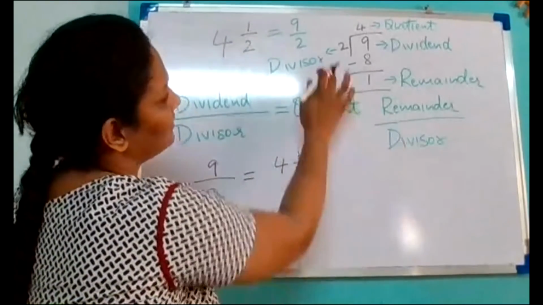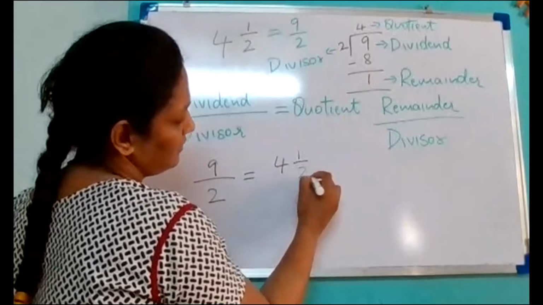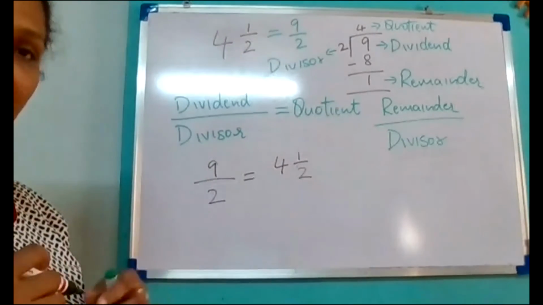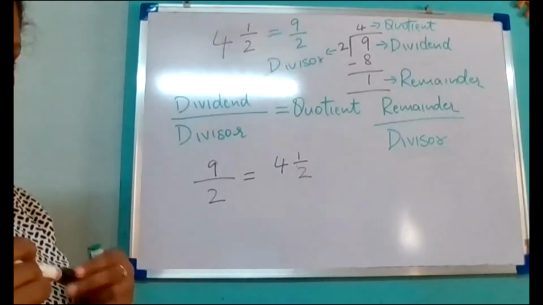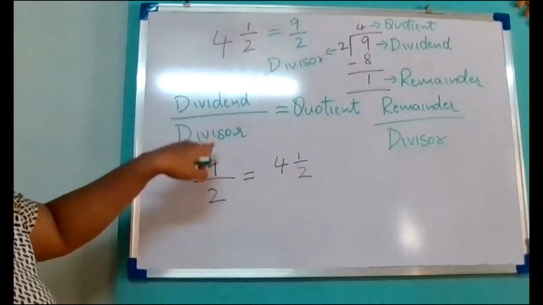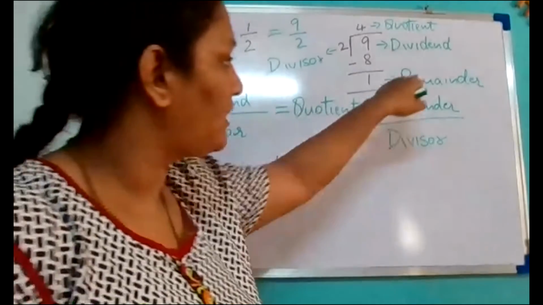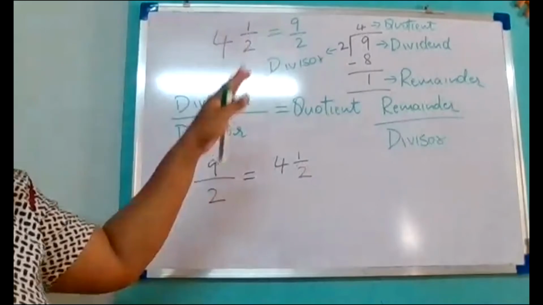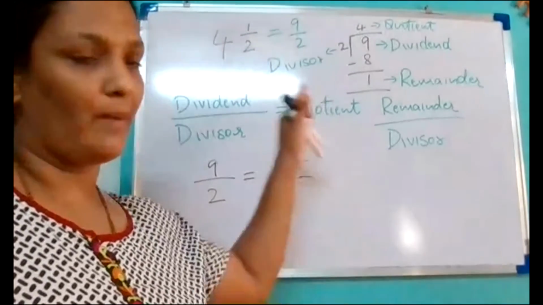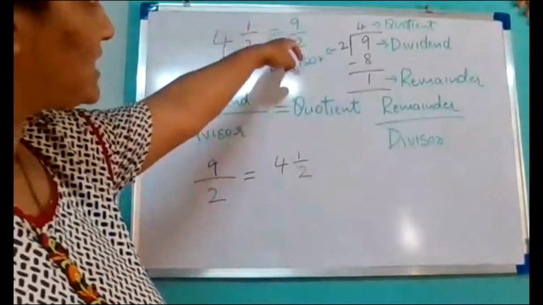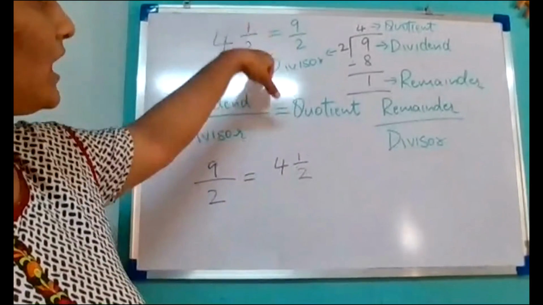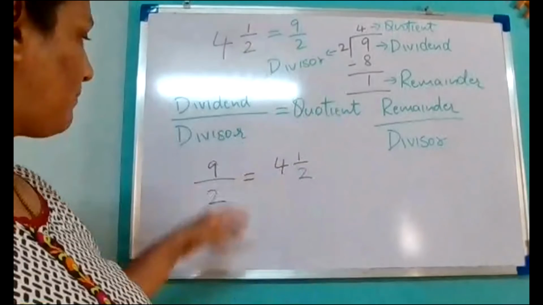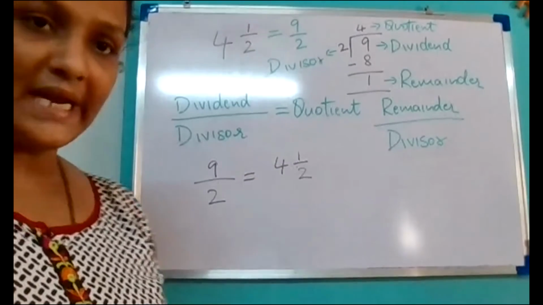And what is the divisor? 2. So is 9 by 2 equal to 4 and 1 by 2? Yes. So dividend upon divisor is equal to quotient, remainder upon divisor. When you apply that formula, do I get the same thing back? That means 4.5 is equal to 9 by 2. Yes. So am I right?